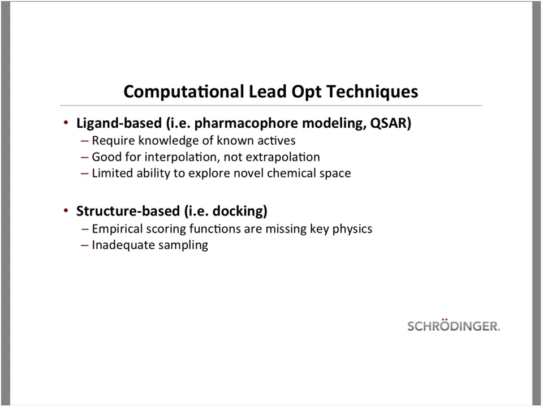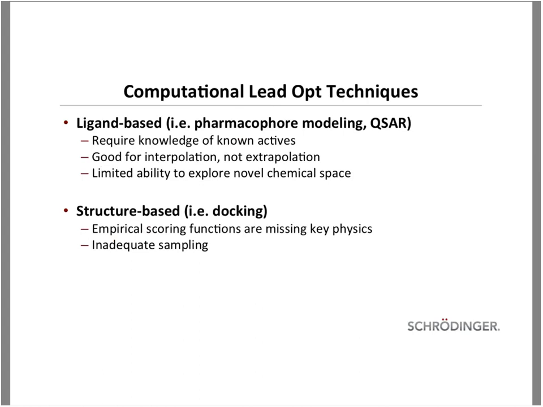So just to put this in some context, FEP is obviously not the only tool available for doing lead optimization using computational techniques. There are others as well. Those would fall broadly into two categories, either a ligand-based approach or a structure-based approach. Ligand-based approaches could be types of calculations like pharmacophore modeling or QSAR.